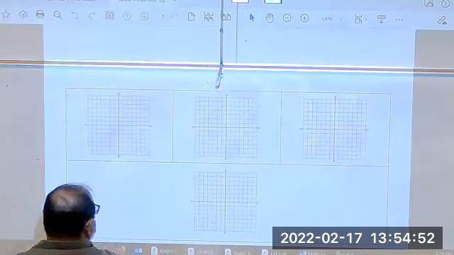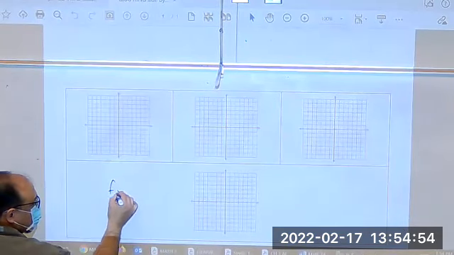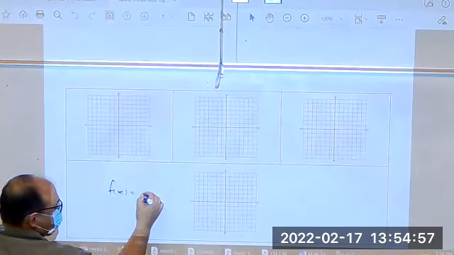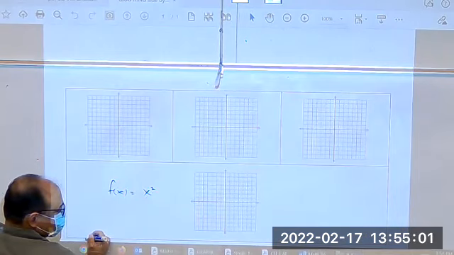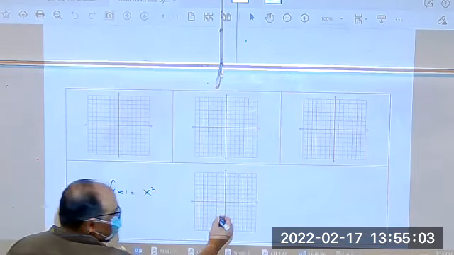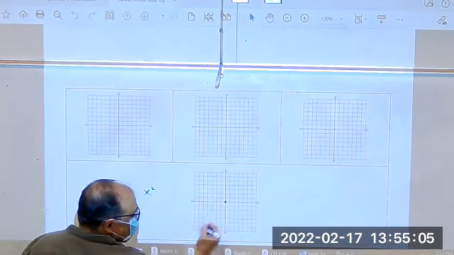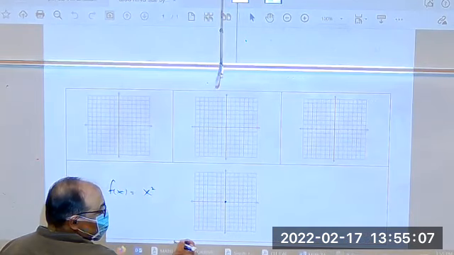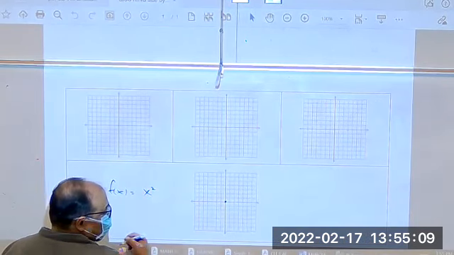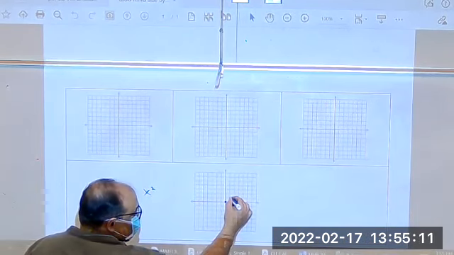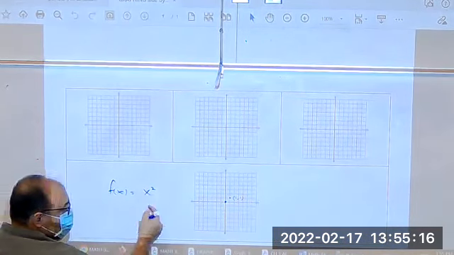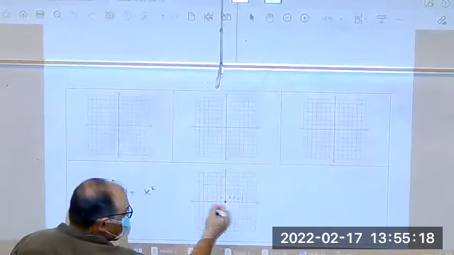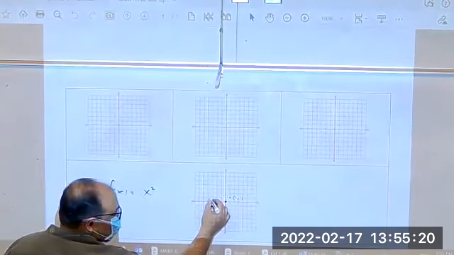If we were to look at just simple f of x equal to x squared. x squared is a parabola. That point right there, when you plug in 0, you get 0. 0 squared is 0. When you plug in positive 1, 1 squared is 1. When you plug in negative 1, negative 1 squared is also 1.